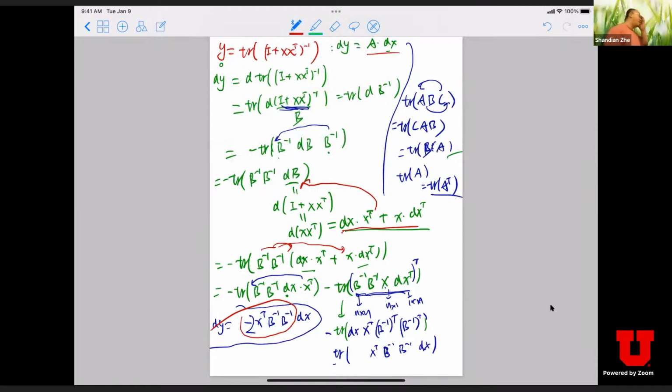Okay, so this practice example is a little bit lengthy, but it's a good example to show how you leverage different rules in your matrix vector library and chain rule, and also the size or the shape of intermediate results to organize your results and give you the final form.